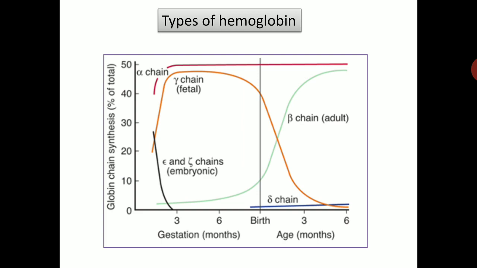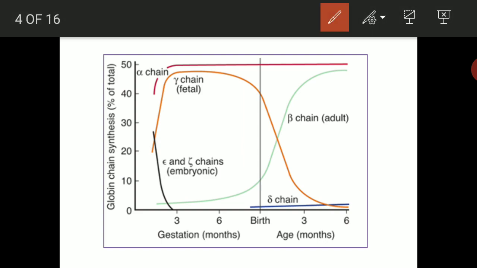Coming to the different types of the chains and when they are synthesized. The x-axis is showing the age, initially in fetal life, in gestation, and after birth in months. Then the percentage of globin chain synthesis. As you see in this diagram, 50% contribution is by the alpha chain. Most of the hemoglobin types will consist of alpha chain.